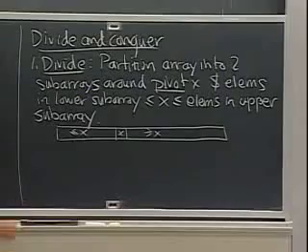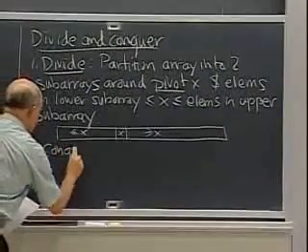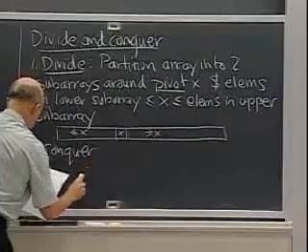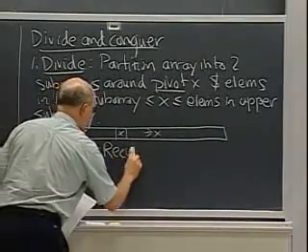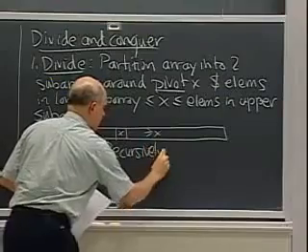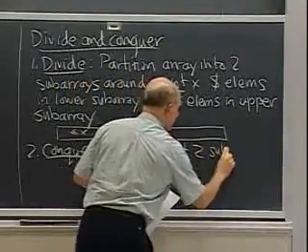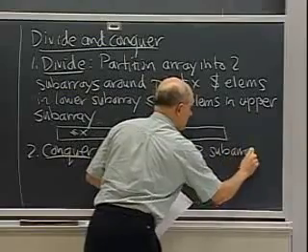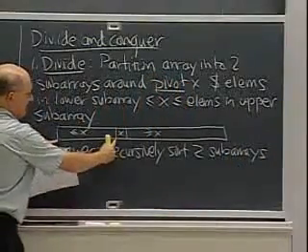Okay? And so now the conquer step is pretty easy. You just recursively sort the two subarrays. So I recursively sort the elements less than or equal to x.